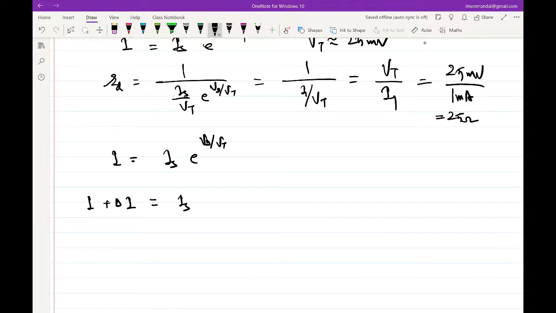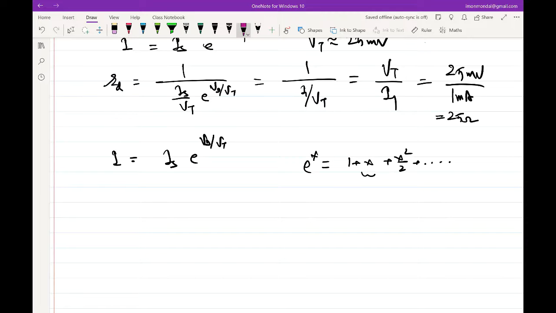Help me out. The Taylor series expansion of the exponential e power x is 1 plus x plus x squared by 2, and so on. All we have to ensure is that we have a delta term. If we expand the diode equation around Vd, we get something plus some delta. Let's say the diode voltage changed by delta Vd.